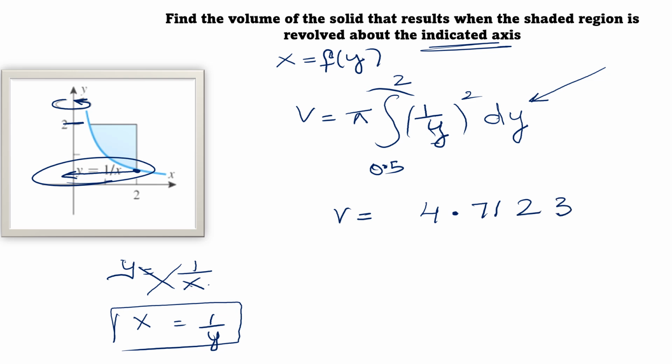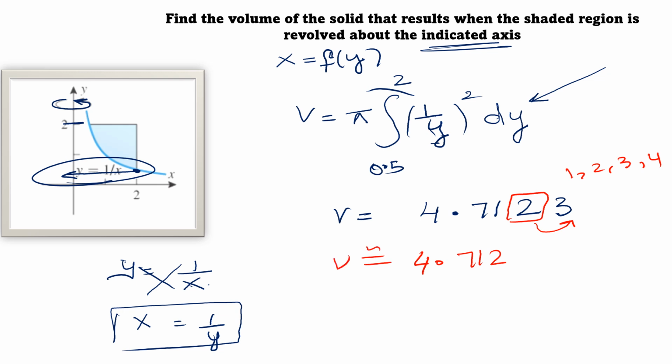4.7123. I'm saying you have to round off till 3 digits. Okay, so look at this one here. Now look at this digit. If the digit is 1, 2, 3 or 4, keep the 2 as it is. It means your answer will be 4.712 approximately.